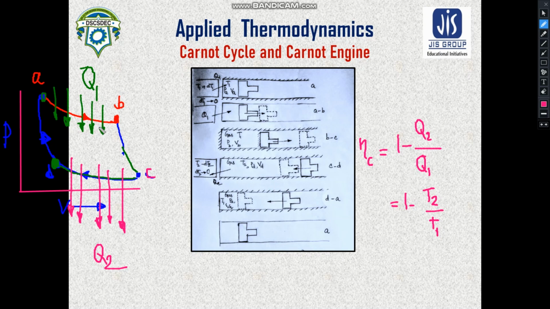You can apply the first law of thermodynamics if you know the state characteristics, the property values, that means if you know the heat transfer and the work transfer, then you can easily calculate the internal energy change. So for the individual processes, you can apply the first law and do the relevant calculations. But ultimately the efficiency of a Carnot cycle can be expressed in this format.